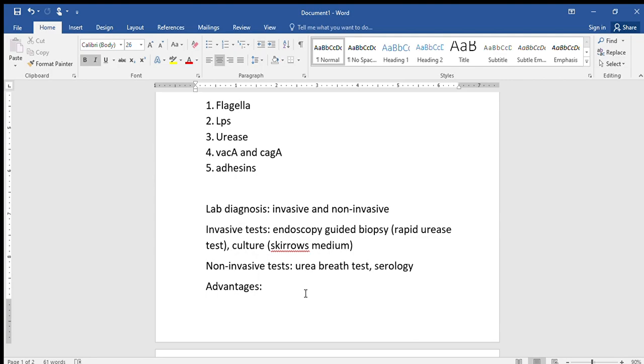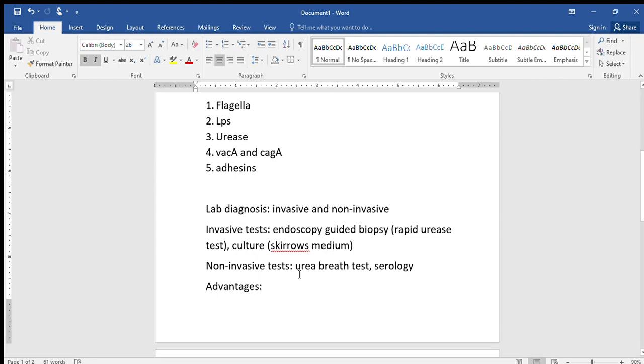That is analyzed with the help of a breath analyzer, where we can see the amount of that carbon isotope, and with the help of this technique also we can do the diagnosis of this bacteria.